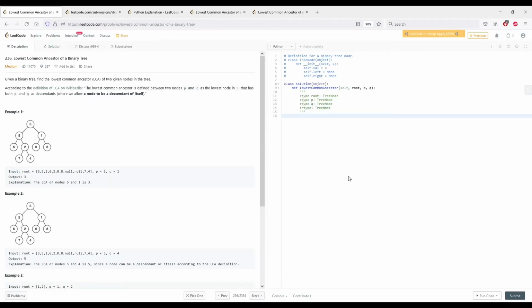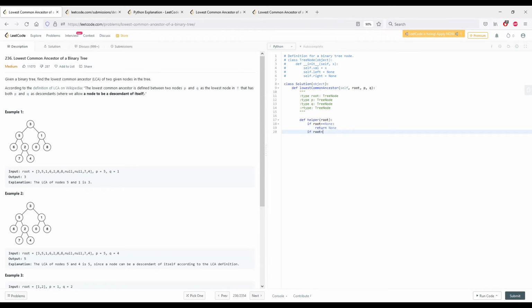So now to code this up, I'll write a helper, and this is my recursive helper, and it's taking root. My base case is if root is none, obviously return none.